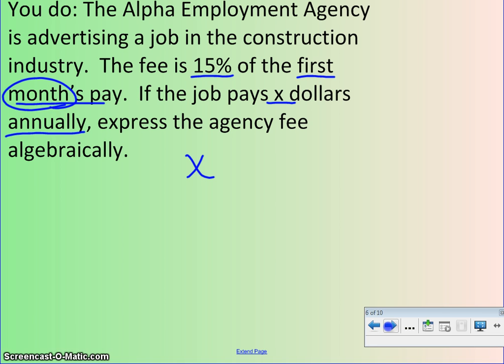Annually, they earn X dollars. So we need to break that down to month. We know there's 12 months in a year, so it's going to be the annual pay divided by 12. And then, by moving the decimal point over 2, as we just discussed, we multiply that by 0.15. And that's as far as we go here.